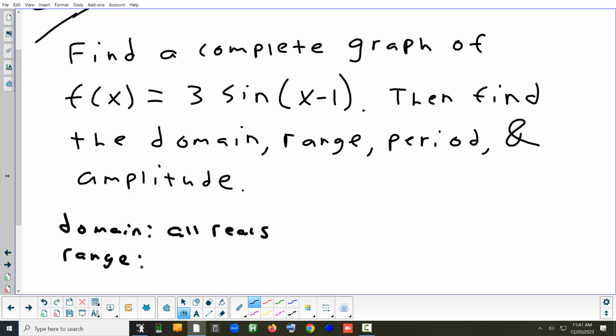Think about what it would be, and look if there's a number there that would change that. Yes, you're doing a vertical stretch by a factor of 3. You're doing a shift right 1. Well, shift right 1 doesn't have anything to do with range, but this does. Takes negative 1 to 1 and stretches it 3 times as much.